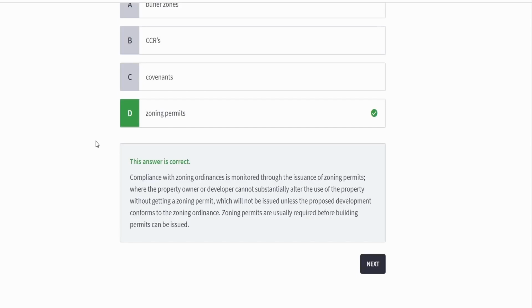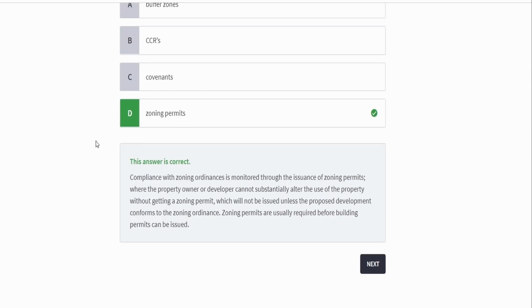So guys, this is super important to understand, especially when you're dealing with local government or even big cities where there's a lot of zoning rules and laws and things like that. The only way that things can be organized and safely built in a city is if there's some sort of set of ordinances or rules. And in order to accept those rules and to make sure that people are potentially following them, they have to ensure the zoning permits.